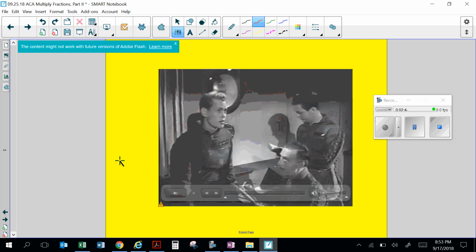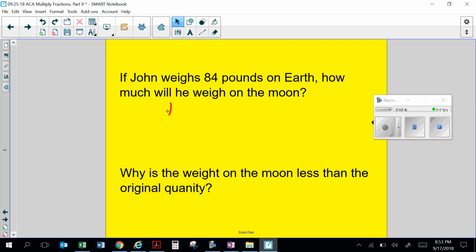So here is our question about that. If you go to the moon, you are 1/6 of the Earth weight, because the mass is the same no matter where you are, but weight changes due to the gravitational force. If John weighs 84 pounds on Earth, how much will he weigh on the moon?